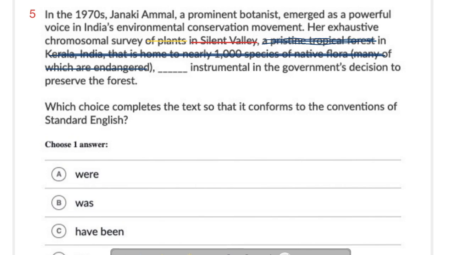And then if we really want to get down to the bottom of things in terms of the actual subject, we're going to cross out "exhaustive" and "chromosomal" because those are adjectives essentially here. So her survey was instrumental.